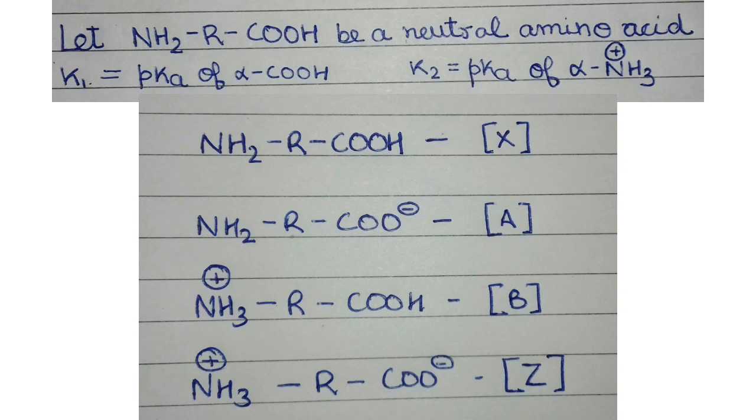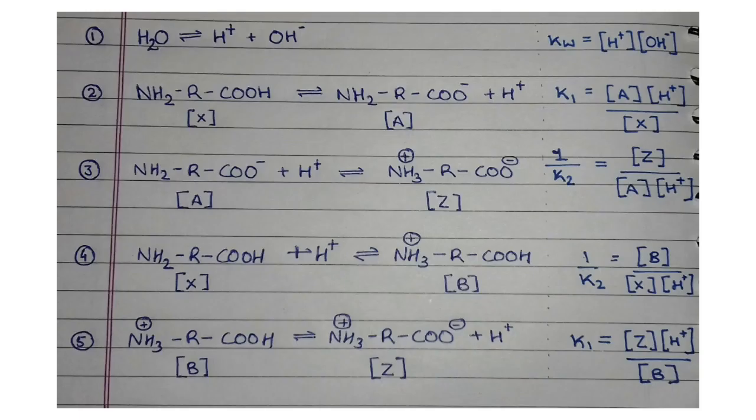Now the alpha amino acid will exist in the solution in four forms, which are NH2RCOOH, NH2RCOO negative, NH3 plus RCOOH, NH3 plus RCOO negative. In the next slides I am going to represent their concentrations by X, A, B and Z respectively.